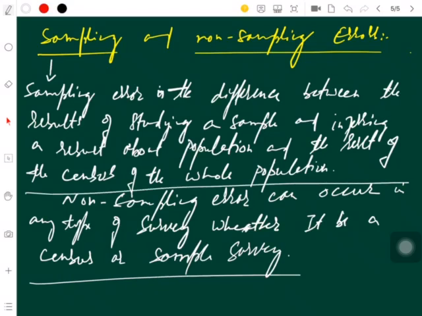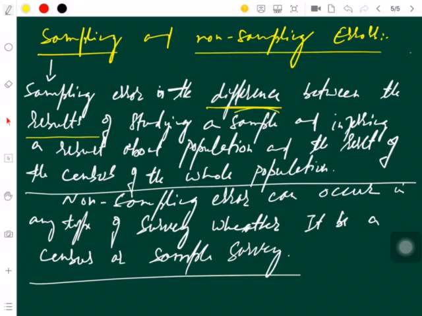Got it? Look here, I am giving you two different things. Sampling error is the difference between the results of studying a sample and inferring a result about the population.